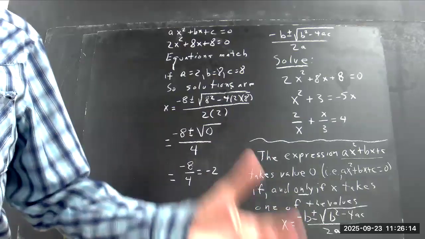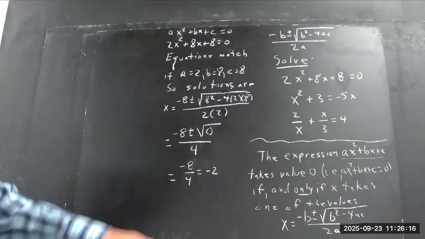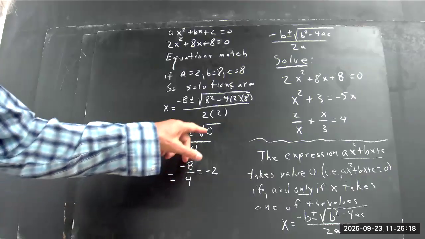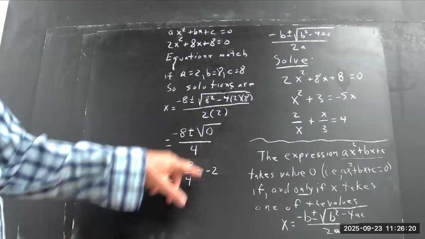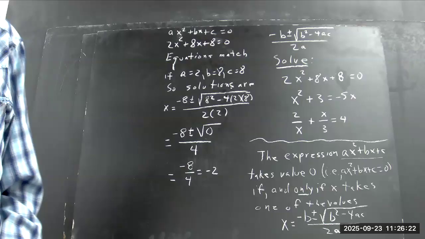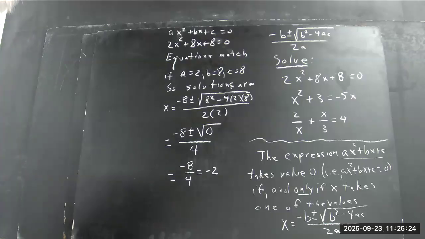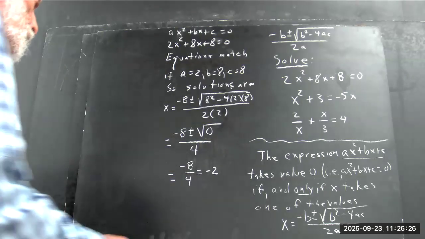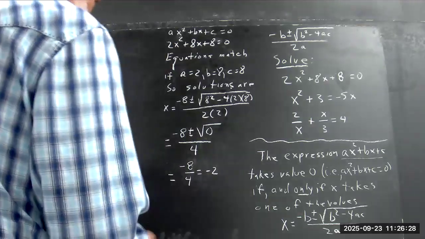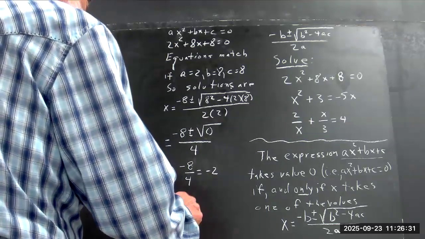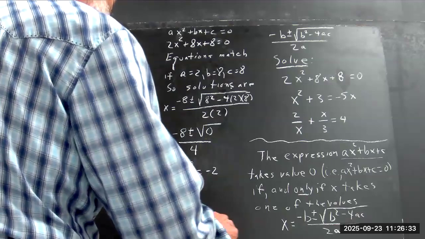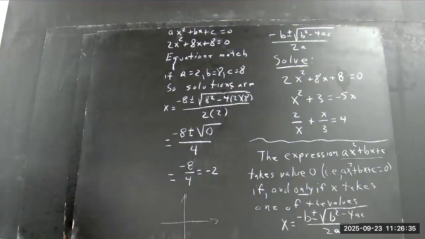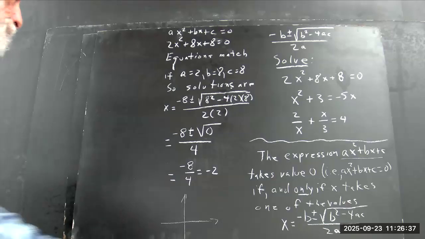Plus 0 minus 0 makes no difference. You're going to get the same result. If this isn't 0, then you're going to get two solutions. Okay? And I'll even go so far as to say that if you've got a graph of a quadratic function, it's parabolic.